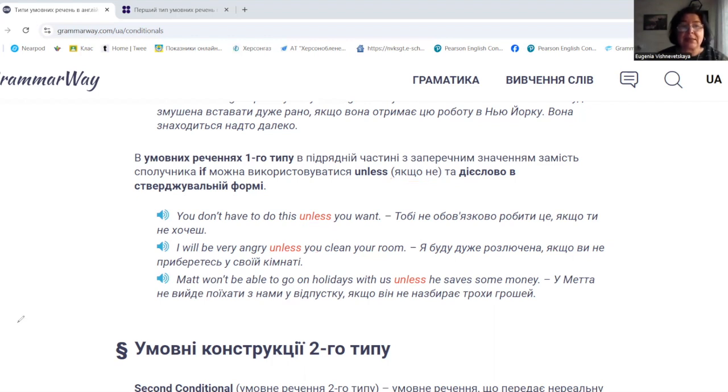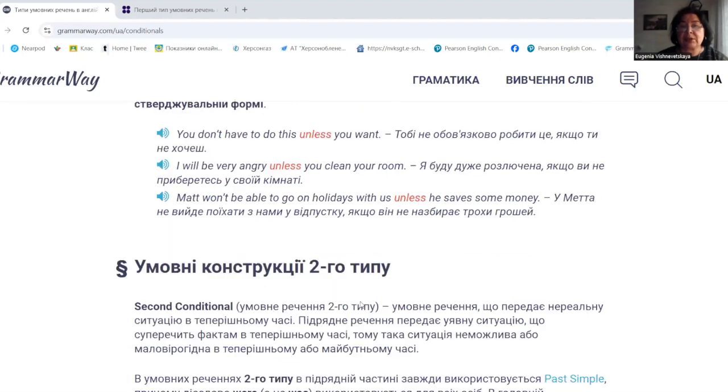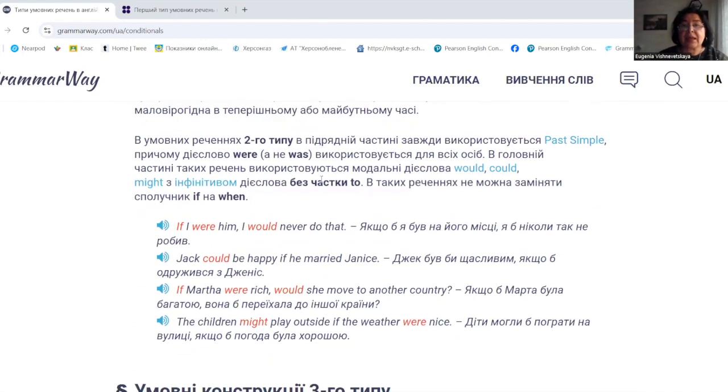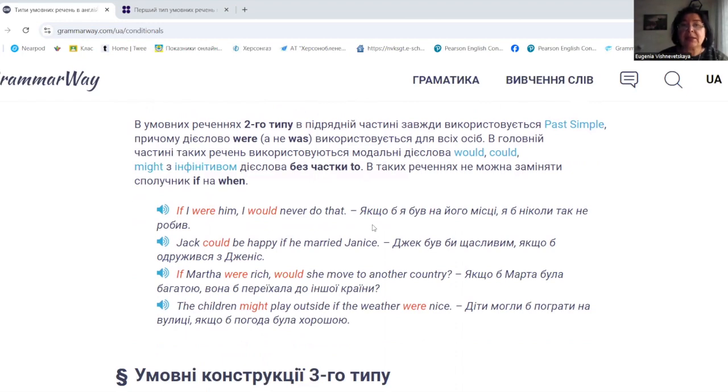The second type of conditional is called second conditional, and it presents the condition which is unreal for the present moment. Unreal for the present moment, remember it. And into Ukrainian, we translate it like this.